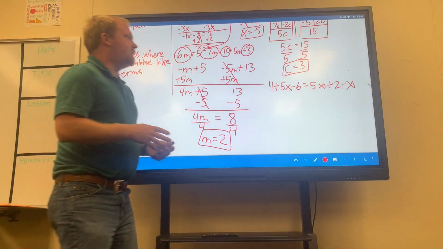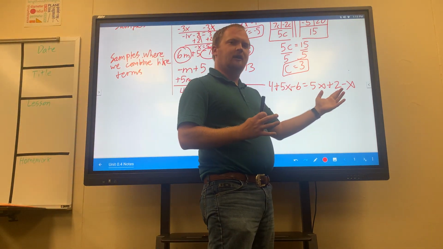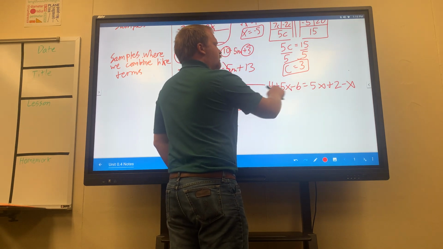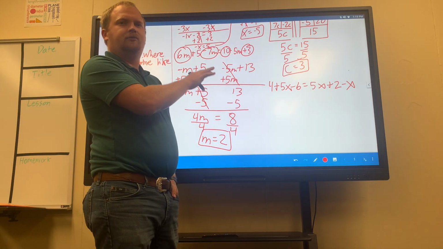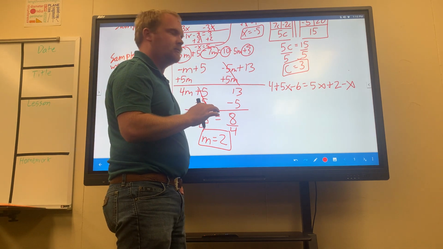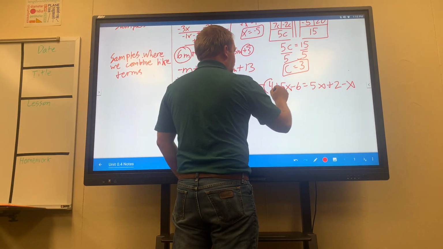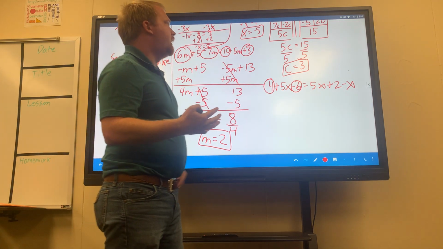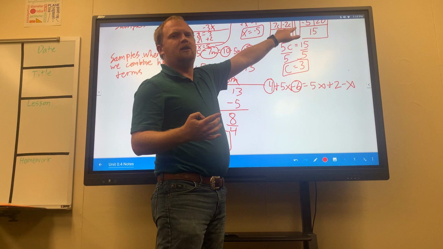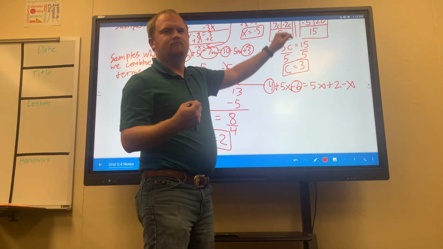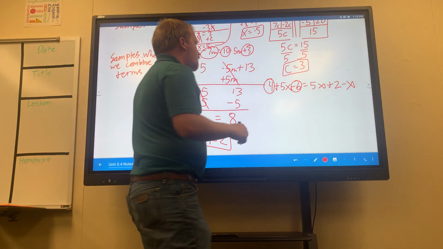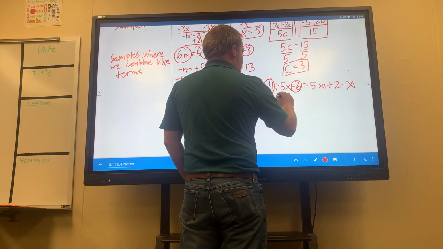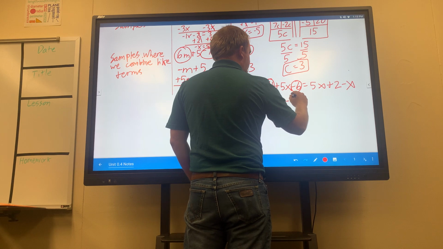Alright, now, again, I still got to combine like terms. So think about which of these three terms we are going to combine. We are combining the 4 and the negative 6. I'll use this other method in a minute, but I have to combine like terms first. So 4 minus 6 gives me a negative 2.